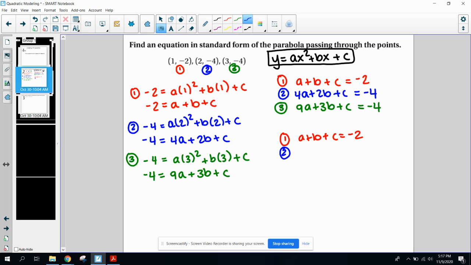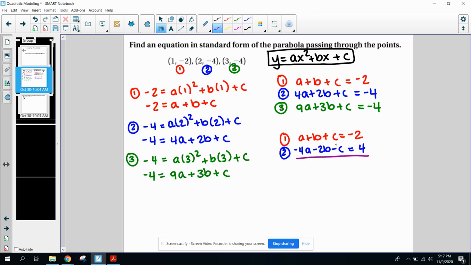You can also just subtract everything, which is basically what we're doing. So I'm going to make this -4a minus 2b minus c equals +4. So all I've done is taken equation 2 and multiplied it by -1. So now what I'm going to do is just go ahead and add this straight down.